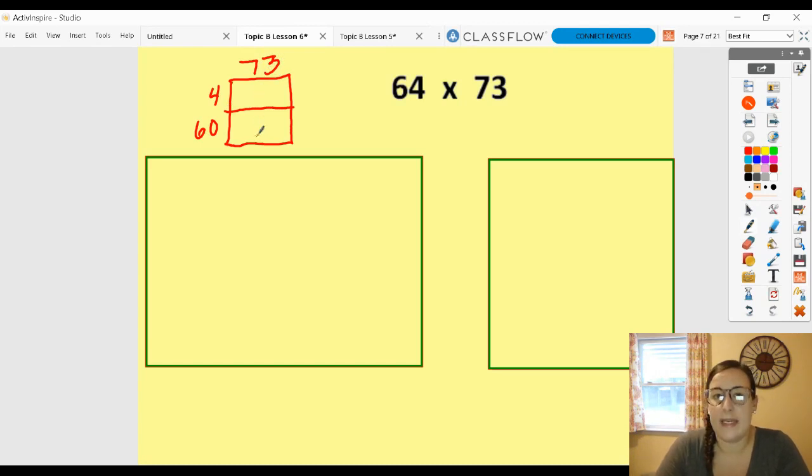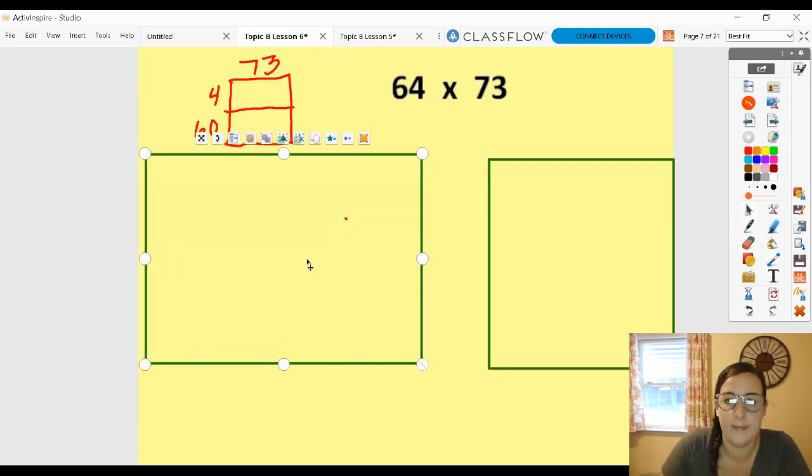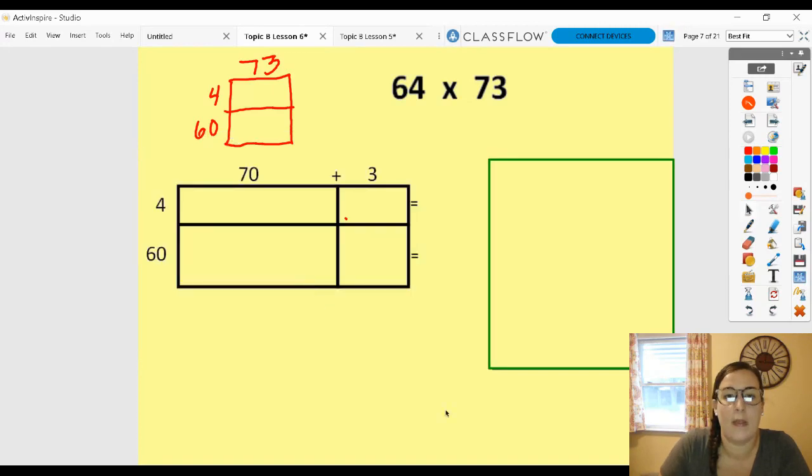I can't multiply 60 times 73 very easily in my head, nor can I multiply 73 times 4 very easily in my head. So we have to think about the fact that we might have to break apart our numbers a little bit more. So in this case, when we break apart 64 and 73, it should look like this. So we've ended up breaking apart both numbers.